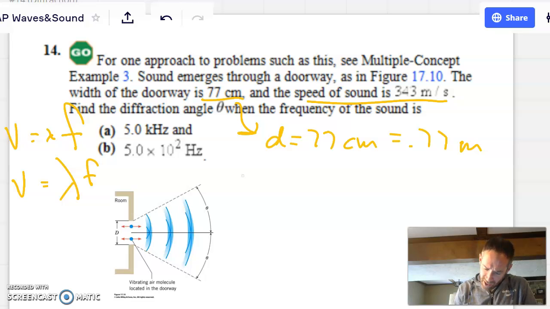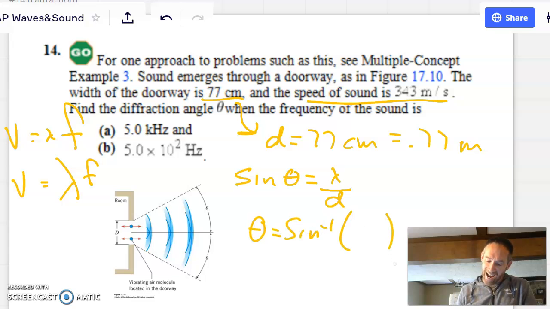So we know from the last one, sine of theta is equal to diffraction fraction, wavelength over the distance. I want the angle, so I'm going to make this theta equals arc sine. Now, I could go ahead and calculate the wavelength if I wanted, but couldn't I also say since wave speed is wavelength times frequency, for wavelength, couldn't I put in wave speed over frequency, times 1 over d, just like that?